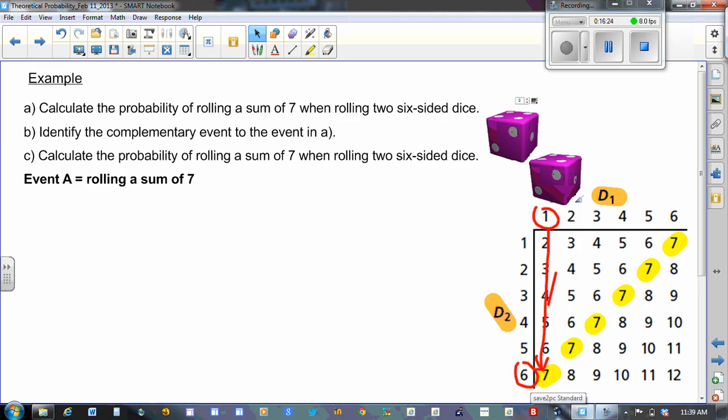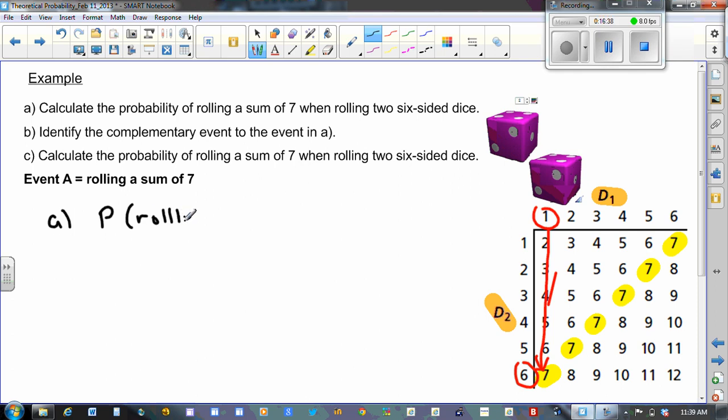So with our pen tool in hand here, in part A, the probability of rolling a sum that is equal to 7 is going to be, let's practice the use of notation, the number of elements in the event space divided by the number of elements in the sample space.